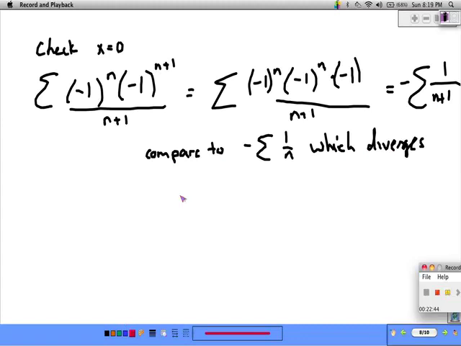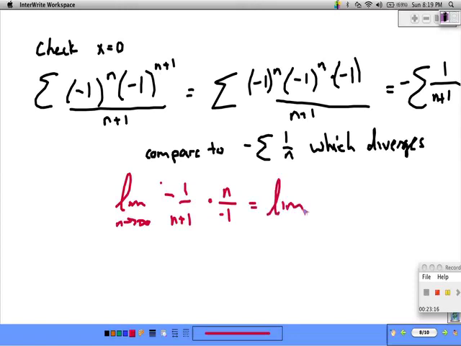And the comparison test that works the best for this is the limit comparison test. So I'm going to take the limit as n goes to infinity of our series rule, negative 1 over n plus 1, times, or I'm actually dividing by the rule for what I'm comparing to, so multiply by the reciprocal, and this limit is equal to 1.